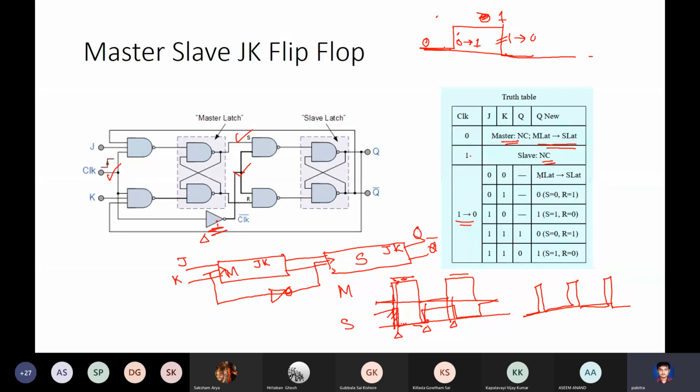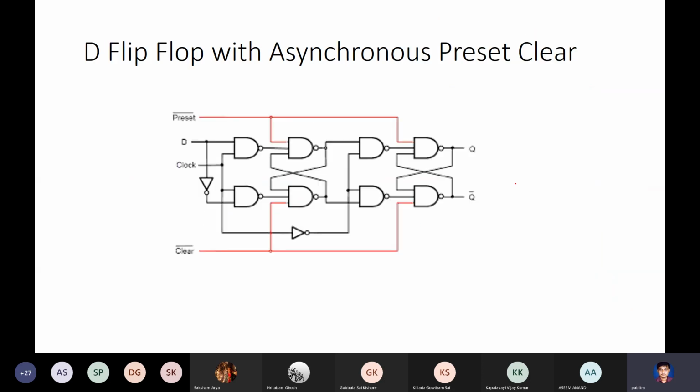So then you have the usual combinations. JK 01 is 0, JK 10 is 1, these are set and reset, so it doesn't matter. 1 1 is a toggle. 0 0 is no change.